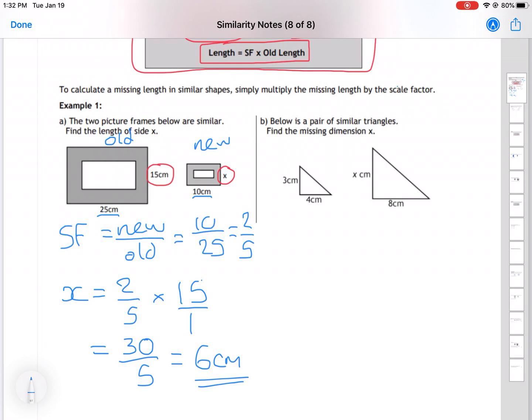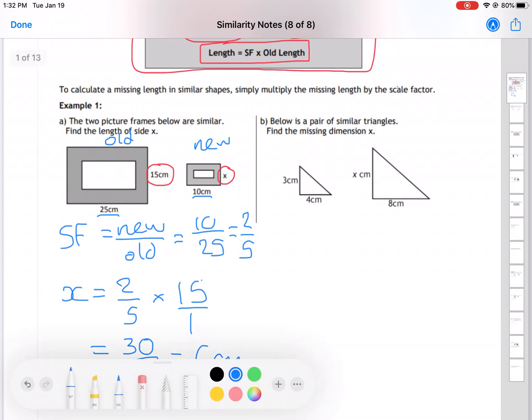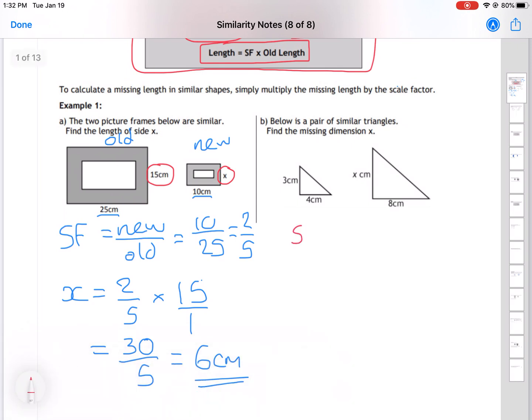Okay, next one. We have got two triangles here this time. The first step is to find the scale factor, and we find that by new over old. So what do we have here? We have got 4 and 8 as the two numbers that we use to find the scale factor, because those are the two numbers that we know.